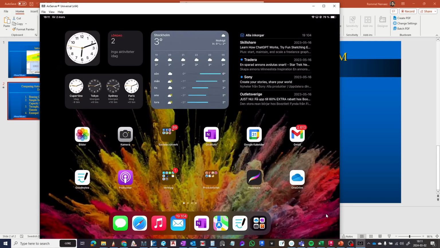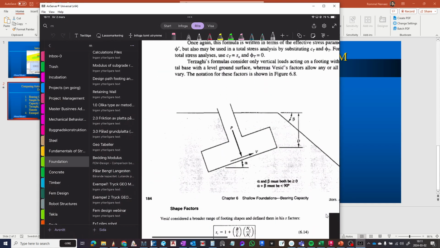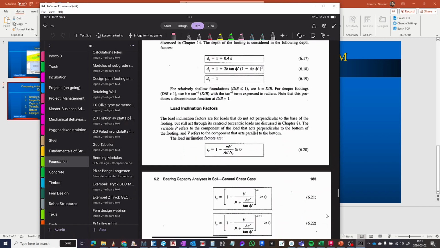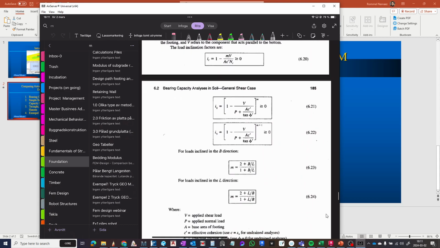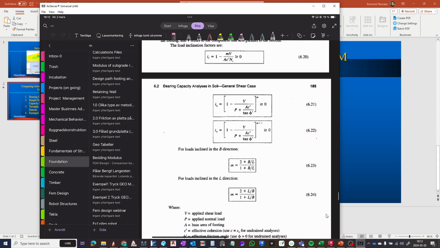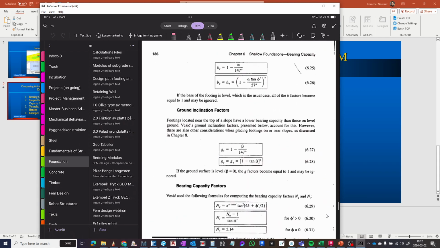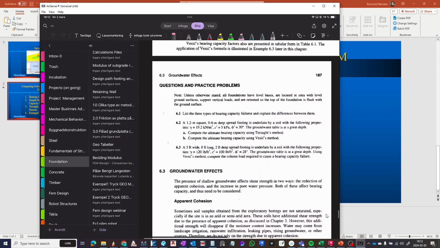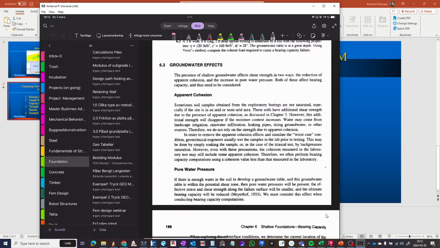Yes, of course, I show you here in my notes the depth factors. This is taken from a book that I can give you the name of later on. Ground inclination factors as well, and here are some groundwater effects as well.